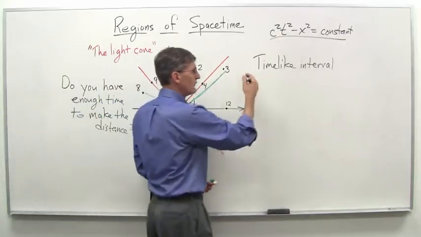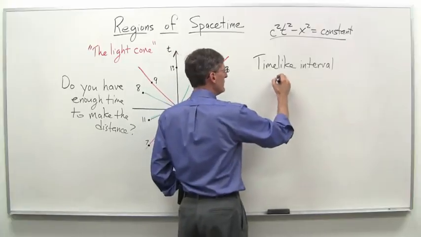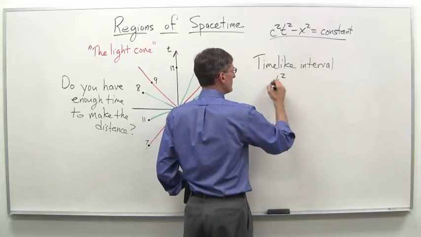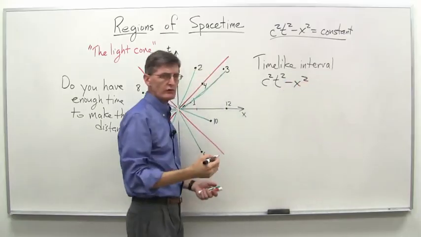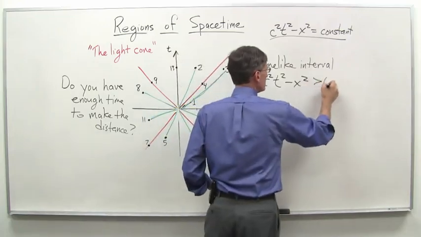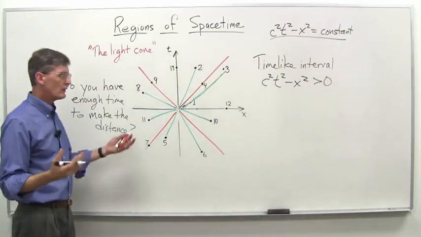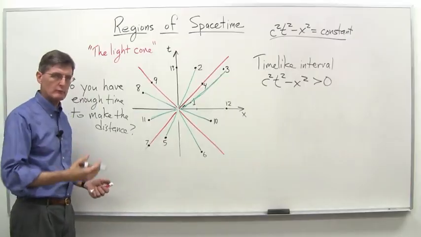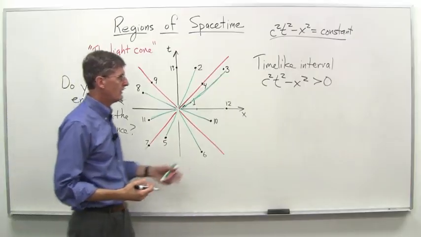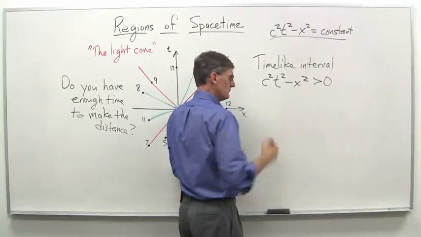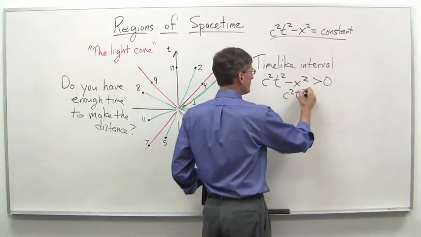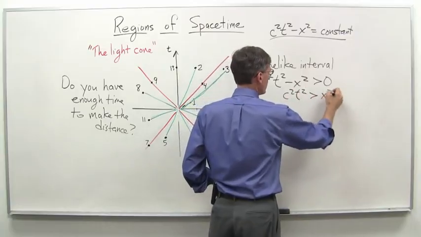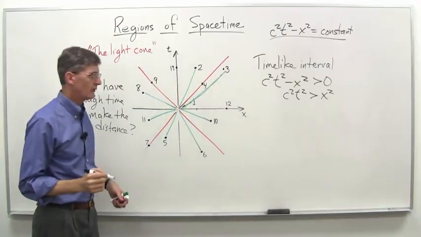And that is, if you have a time-like interval, what that really means is that this invariant interval, c squared t squared minus x squared, turns out to be greater than 0. And you might say, well, why? Well, we can motivate this a little bit, actually, because if you do a little bit of the algebra here, this means c squared t squared is greater than x squared. Okay, just moving the x squared over.